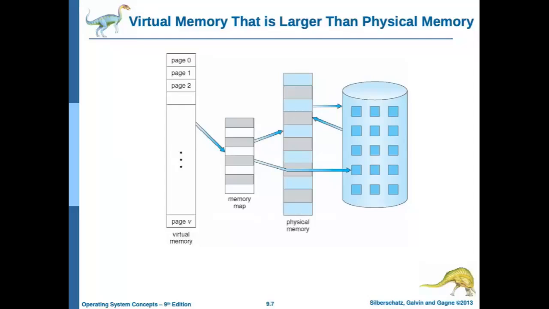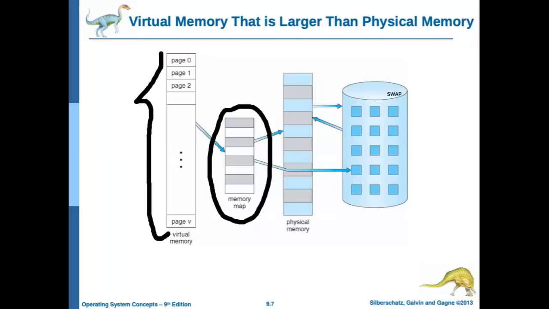Somewhere in between the memory map is written. This memory map is nothing but like your page table or segmentation table. And this is the virtual memory, which is actually larger than whatever physical memory is there, so there is no limit for that.